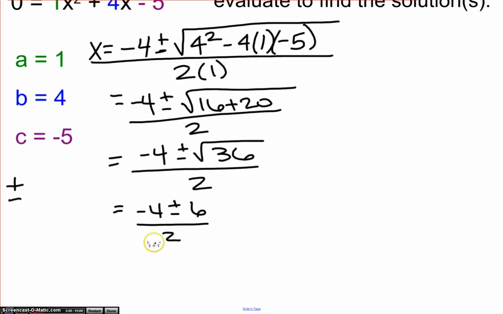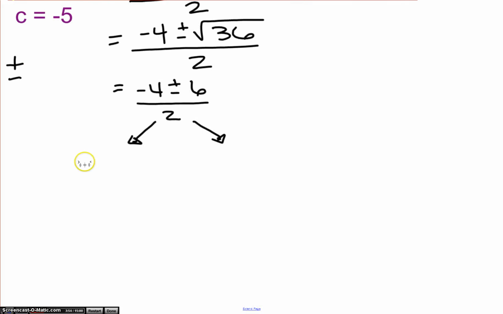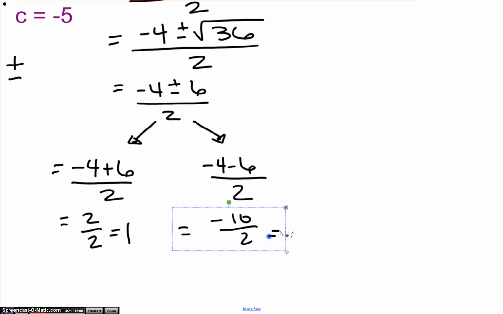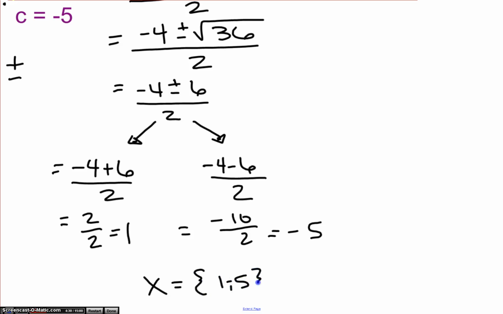That means it can go in 2 different directions. It could be negative 4 plus 6 divided by 2, or negative 4 minus 6 divided by 2. Negative 4 plus 6 is positive 2, so 2 divided by 2 equals 1. Negative 4 minus 6 is negative 10, divided by 2 equals negative 5. So your solution set is x equals the set of 1 comma negative 5, and there's your answer.